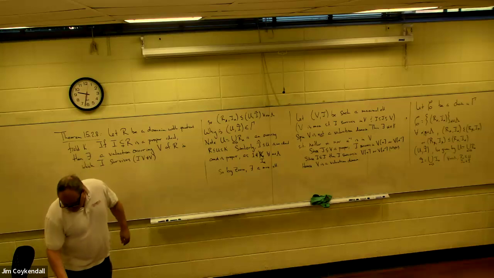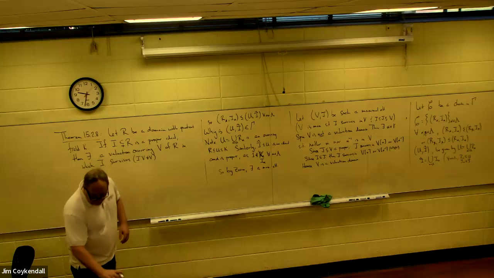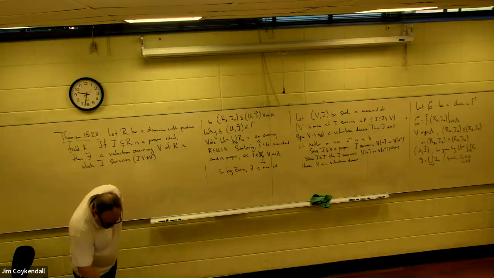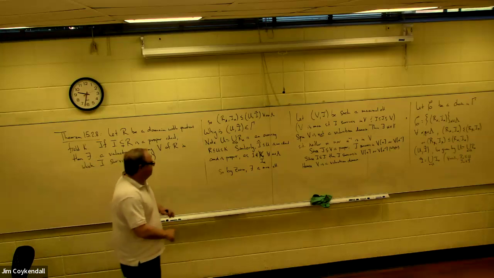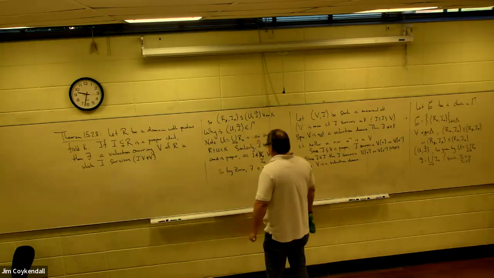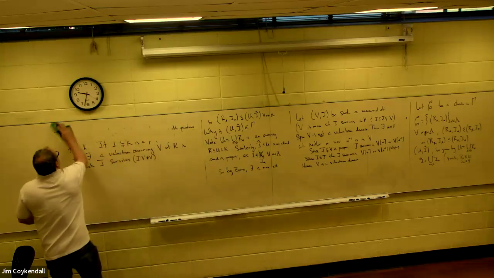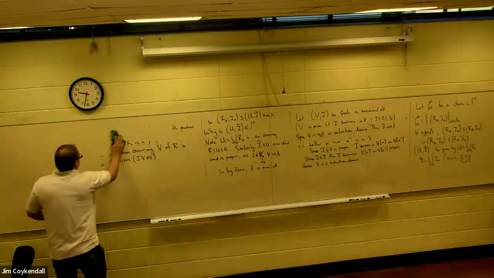There's a valuation overring in which a given proper ideal survives. So here is one of my favorite all-time theorems.